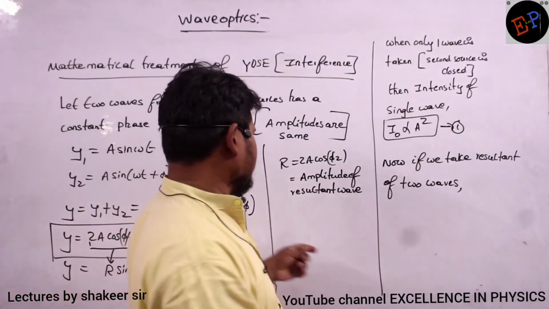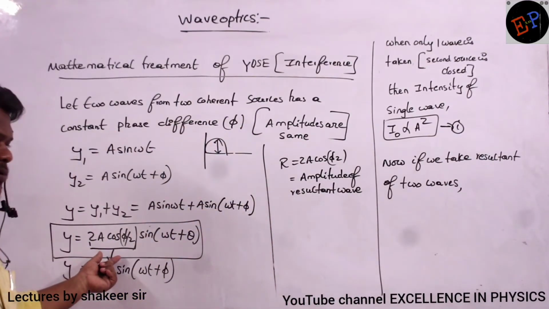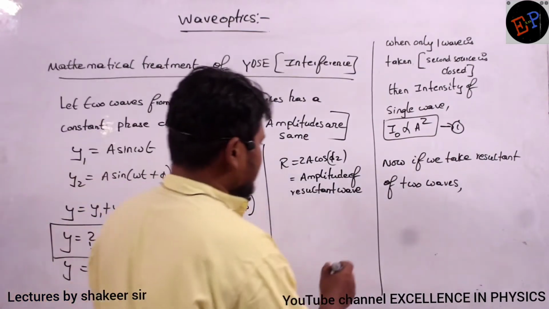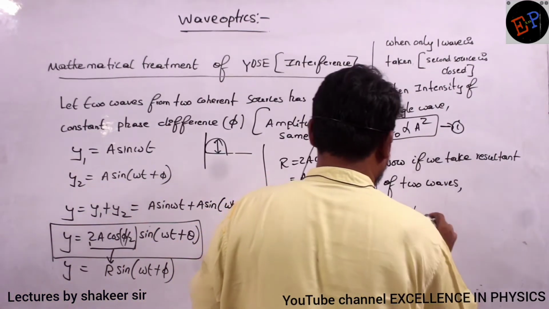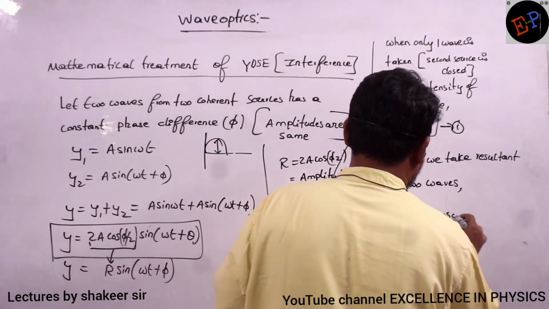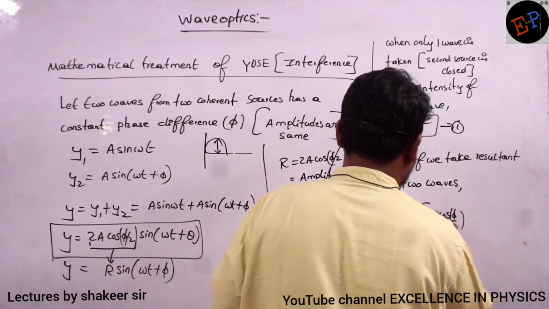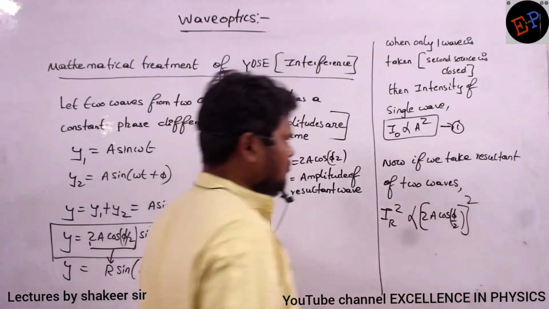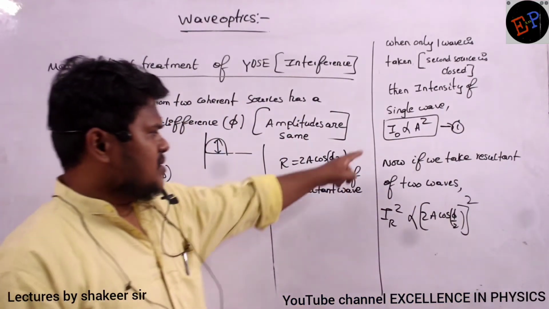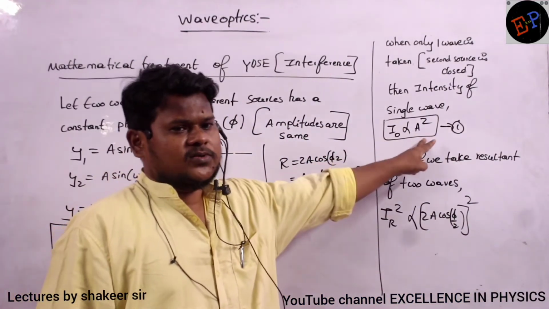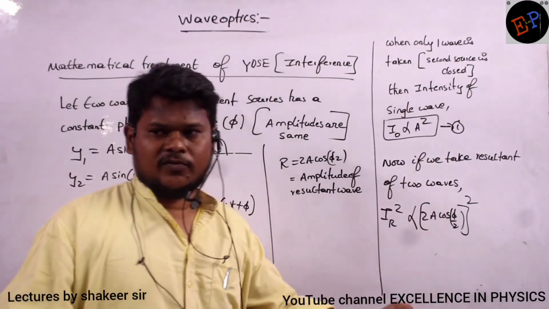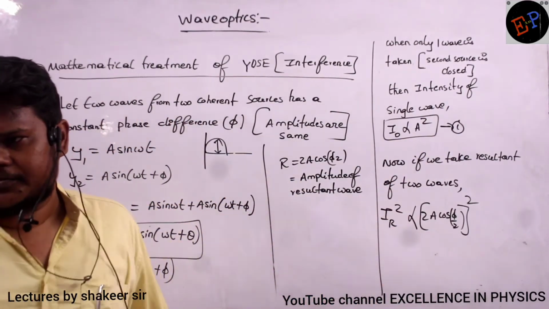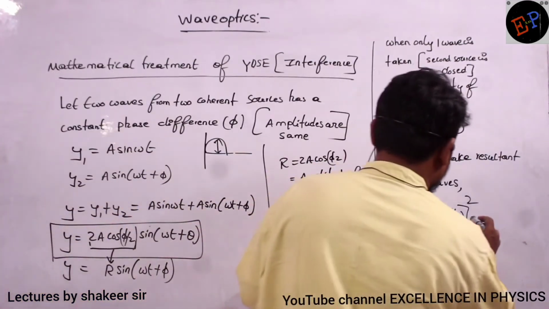What is the amplitude I got? 2a cos(phi/2). So I will write I_R is directly proportional to (2a cos(phi/2)) whole square. Can I write like this? So the first is the intensity because of a single source of light, and this is the intensity of the resultant waves when two waves interfere with each other. Clear? So this is my second equation.